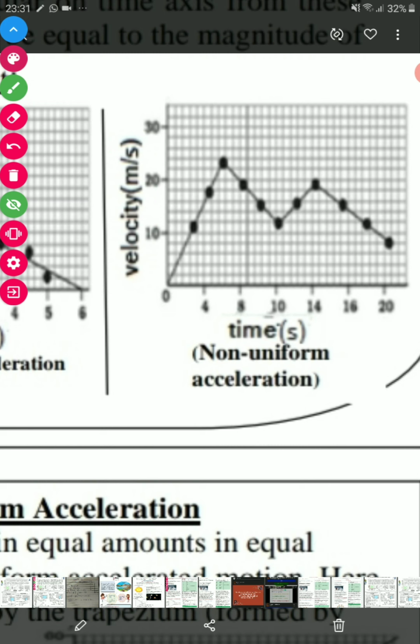Non-uniform acceleration is also an example when our vehicle is on a traffic road. Sometimes we have a huge jam, then our velocity decreases.